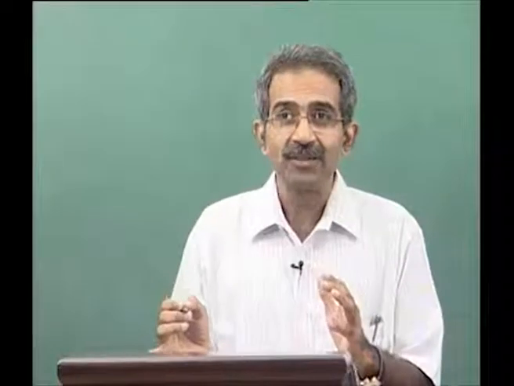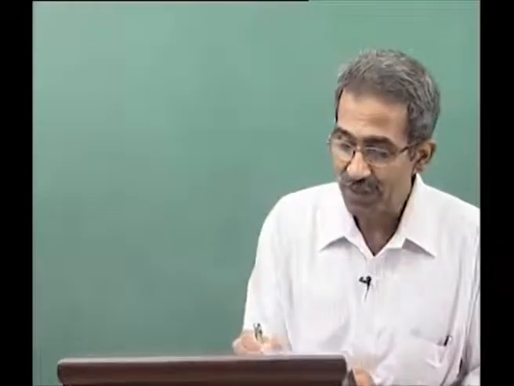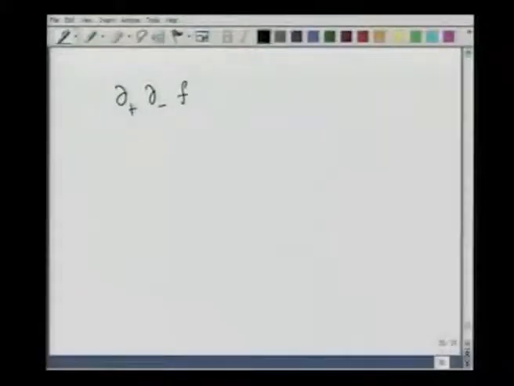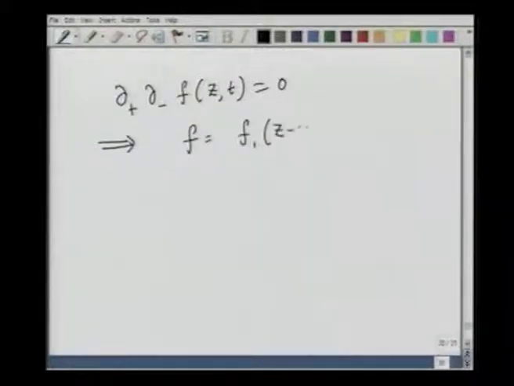Now, that means I am going to write an equation of the following kind: del plus del minus f of z comma t equal to 0. Okay. What I would now like to do is to explore the consequence and argue that f is equal to some function of z minus ct plus another function of z plus ct.